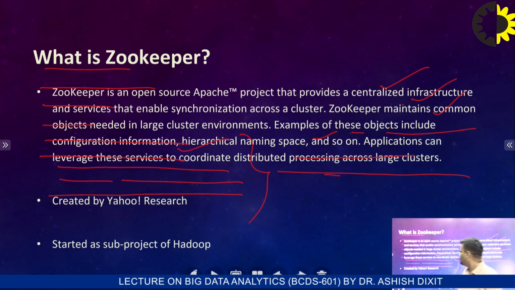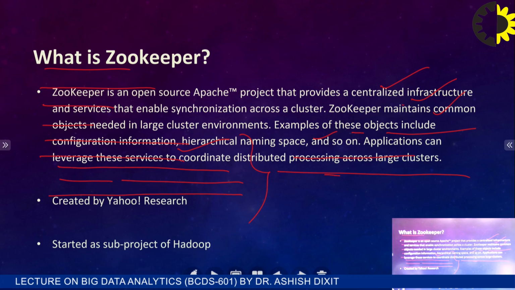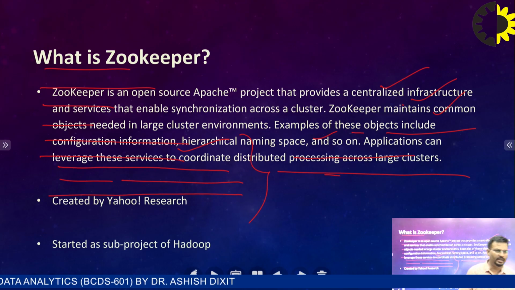Next, we use the concept of the HBase ZooKeeper. Always keep in mind, ZooKeeper is an open source Apache project that provides a centralized infrastructure and service that enables synchronization across the cluster.